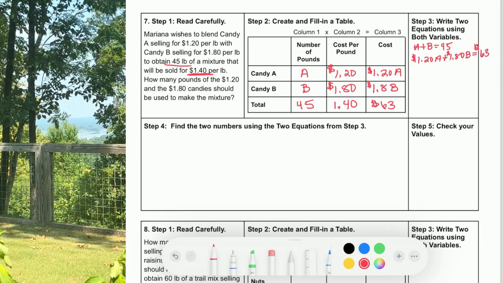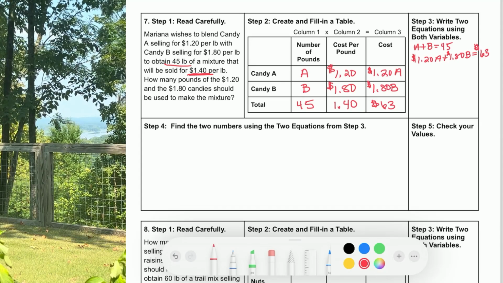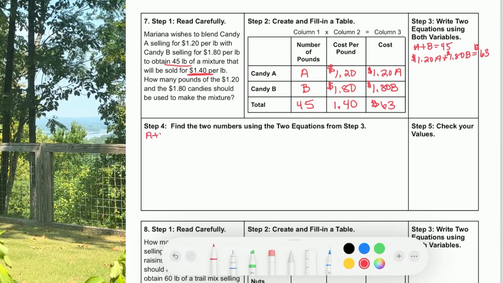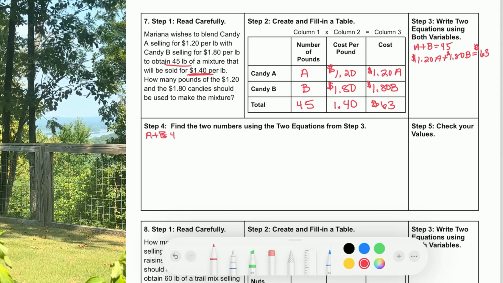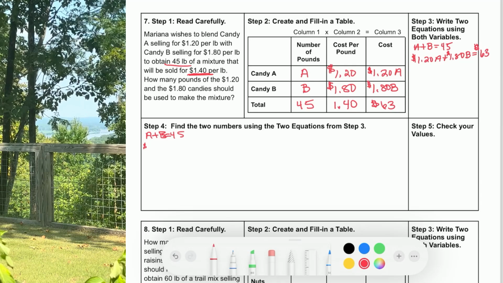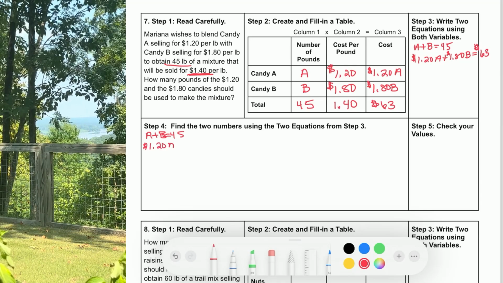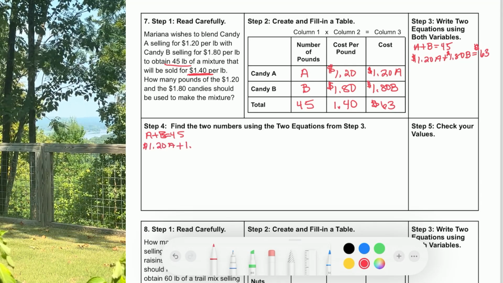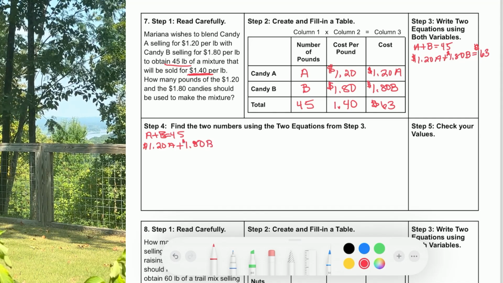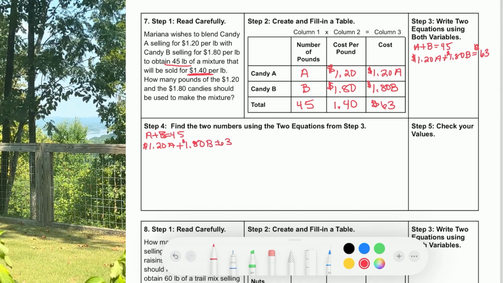And I just noticed I didn't put my 0 there, so I'm going to go back and add that. All right, so I'm going to rewrite these over here. A plus B equals 45. And then $1.20A plus $1.80B equals $63.